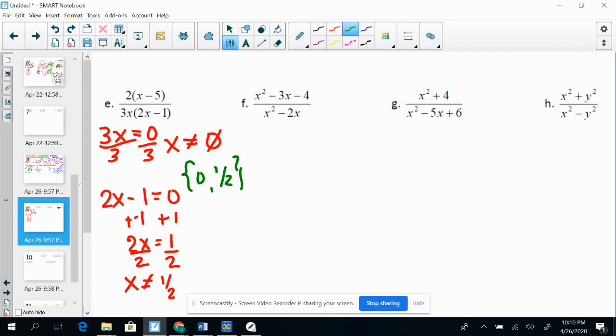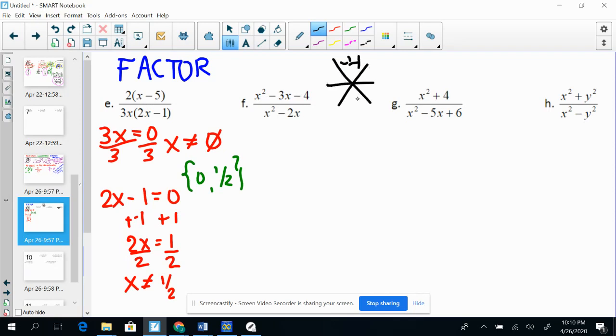Now, looking at F, your first step, always, and I said it last week, always for rationals, factor. So factor first, then start worrying about your restrictions, then simplify. So factor, restrictions, simplify. Factor, excluded values, simplify. So looking at F, the top is your trinomial. This is where you would use your big star maybe, or maybe this one you could do in your head.